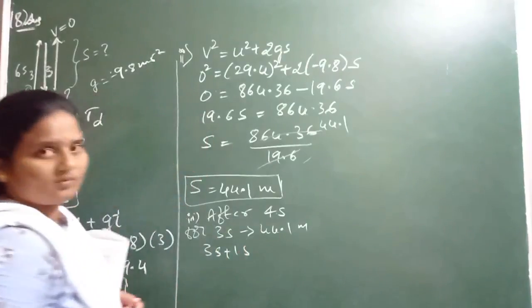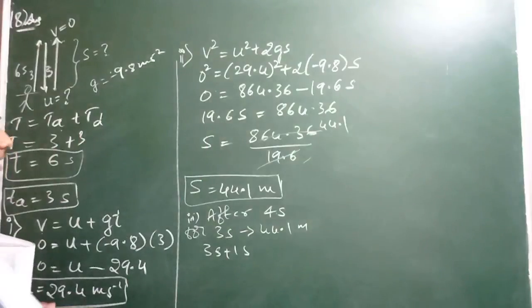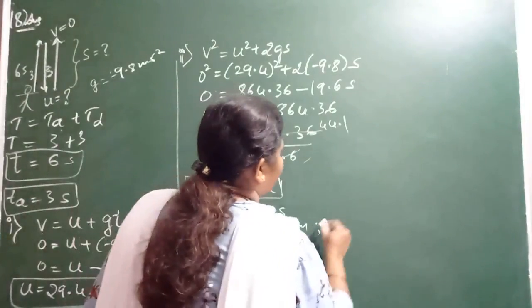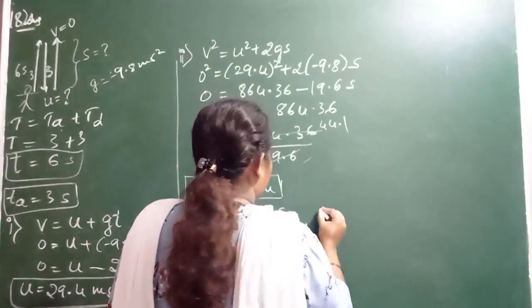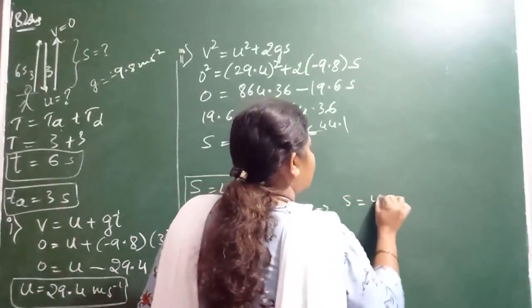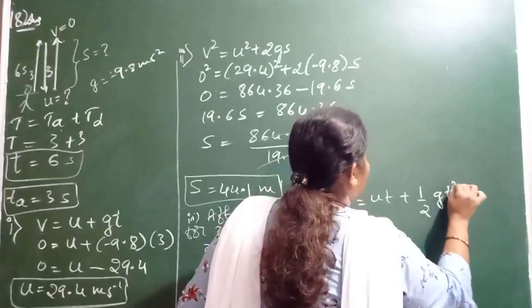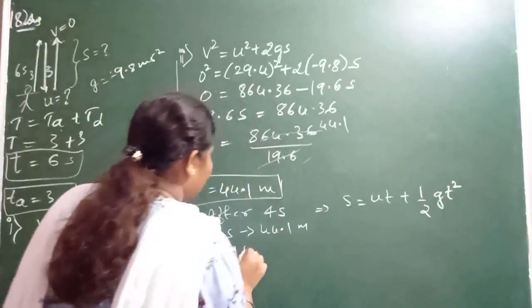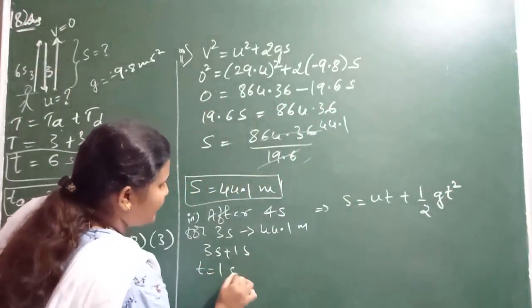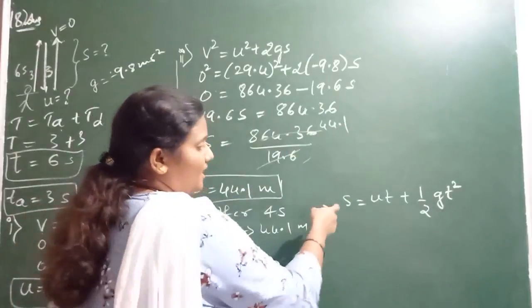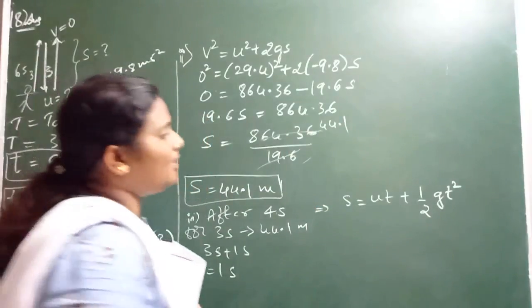Now S equals ut plus half gt square. So when the time t is 1 second, the position S we have to calculate.